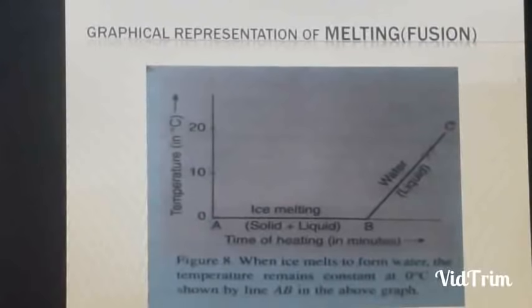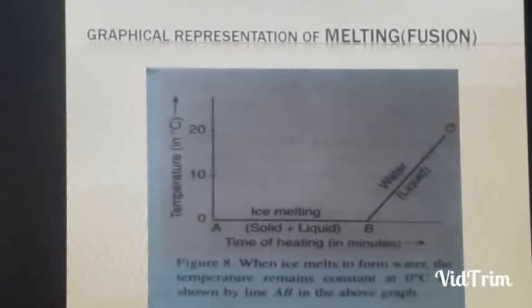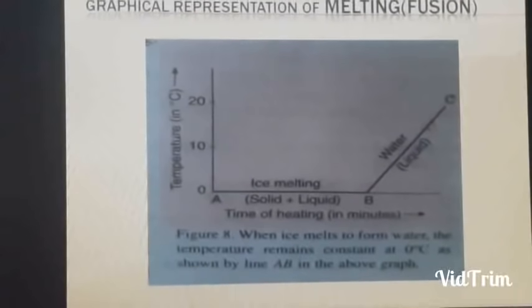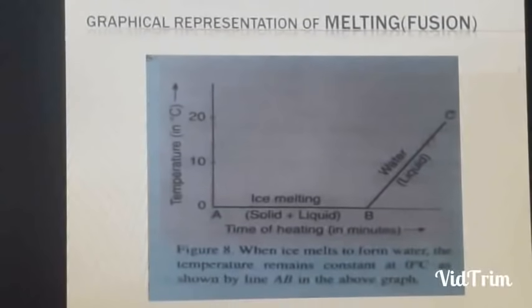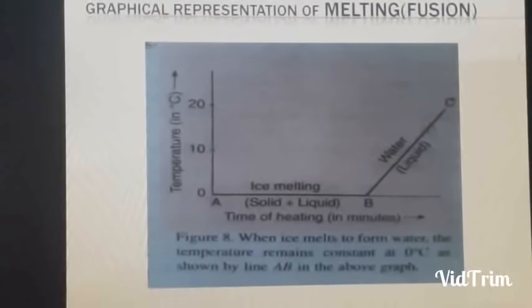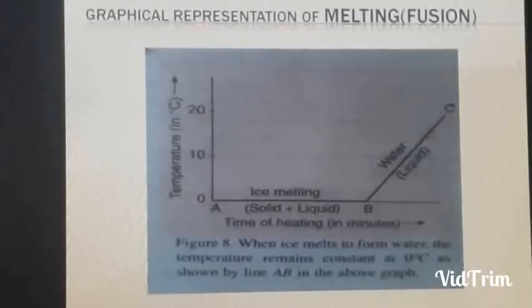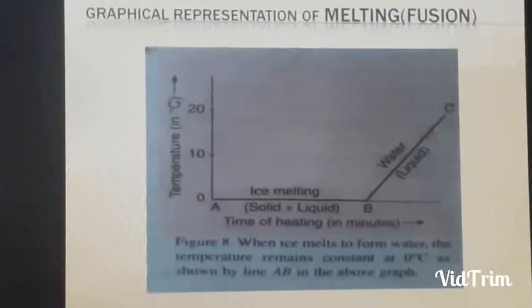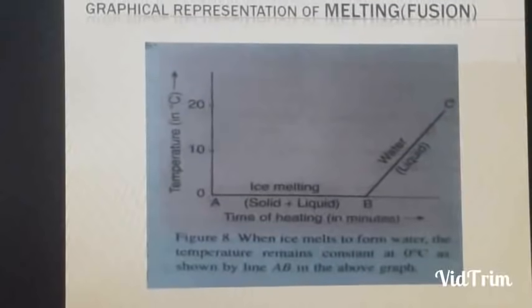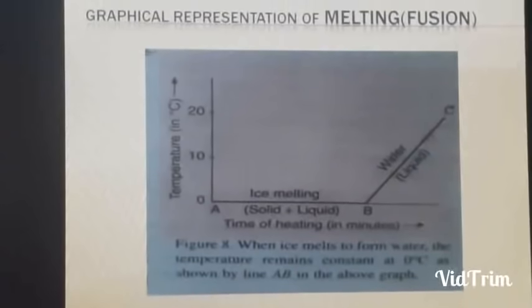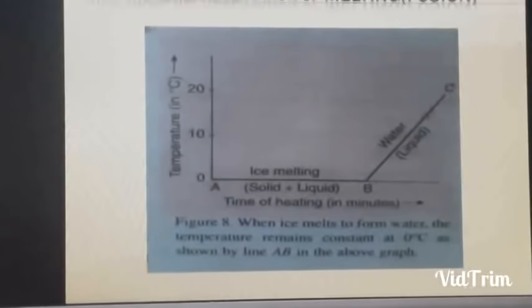If there is no utilization of energy to increase the kinetic energy of particles, the thermometer is not going to show the rise. So where is this heat going? This heat is being utilized to break the bonds between the particles and to overcome these forces of attraction.